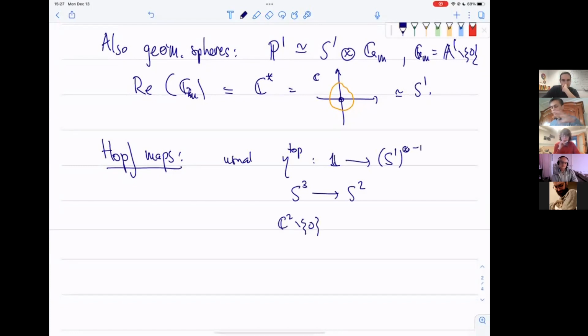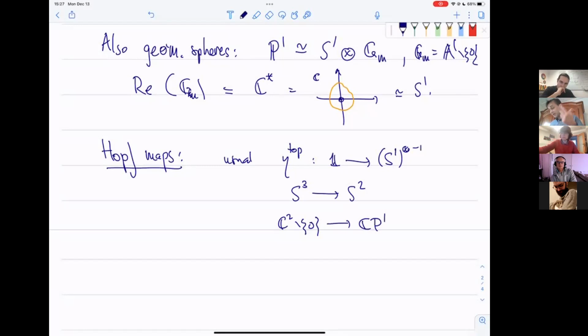So you look at the complex plane without the origin, and you look at its class in the projective line. So CP1 is just an S2, right?